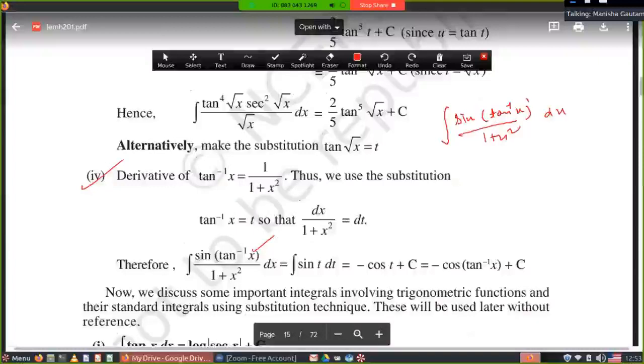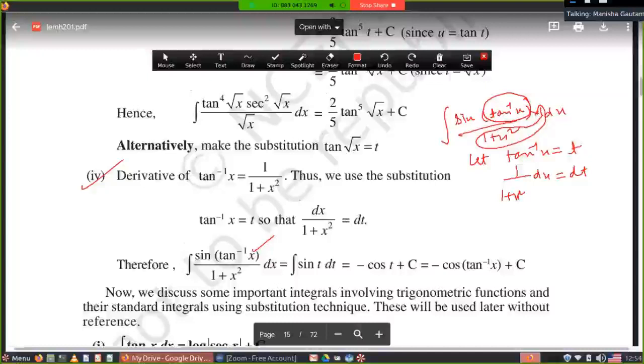As you can see, the derivative of tangent inverse x is 1 upon 1 plus x square. So what you have to suppose: let tangent inverse x is equal to t, and 1 upon 1 plus x square dx is equal to dt.